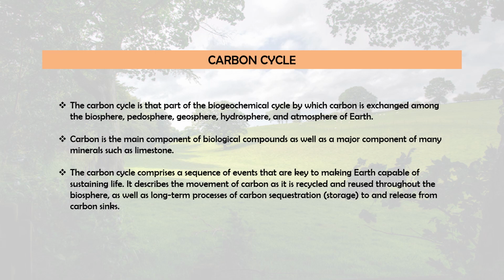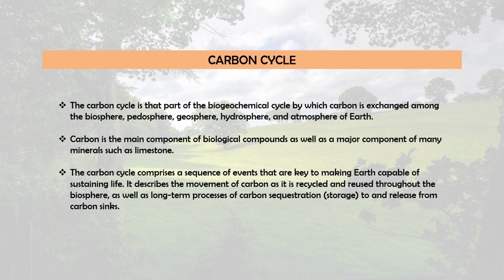To describe the dynamics of the carbon cycle, a distinction can be made between the fast and slow carbon cycle. Here the fast carbon cycle is referred to as the biological carbon cycle. It can complete within years, moving substances from the atmosphere to the biosphere, then back to the atmosphere.